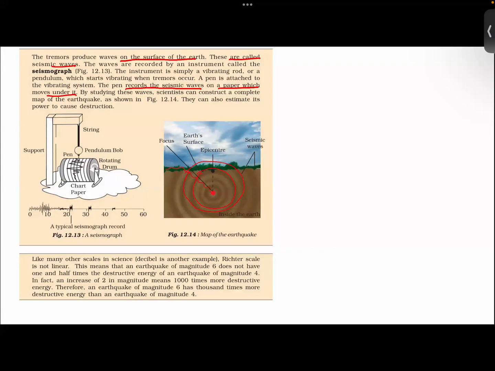In general, we have an idea from the past track of earthquakes that these are weaker zones, these are danger zones where earthquakes can occur. But whether an earthquake will occur an hour later, a week later or a day later, we can't predict that.